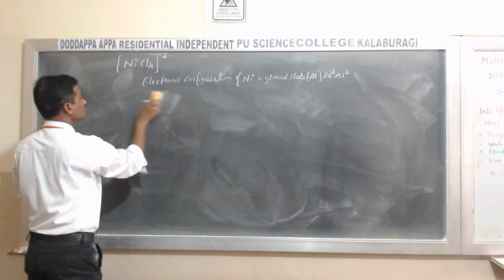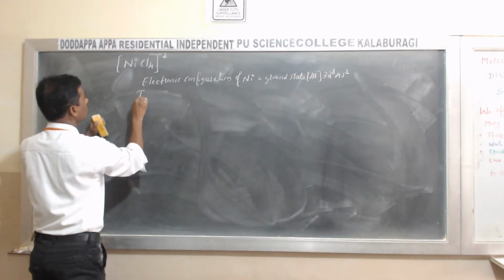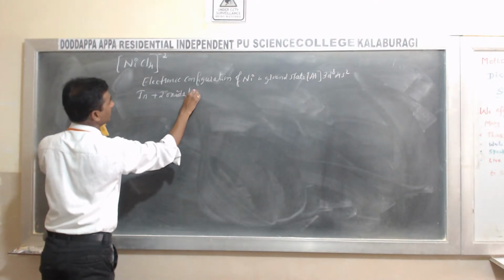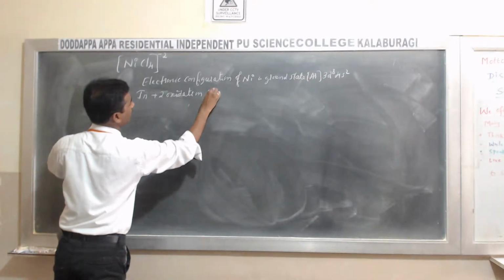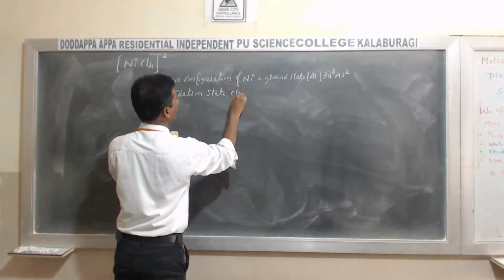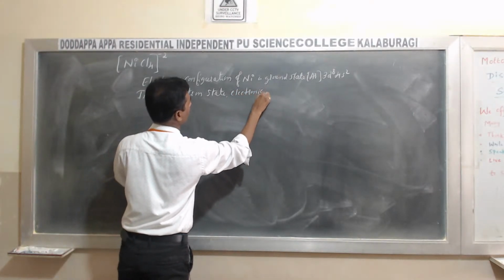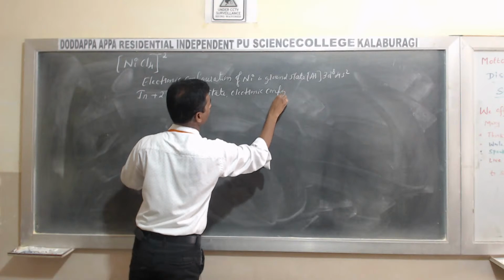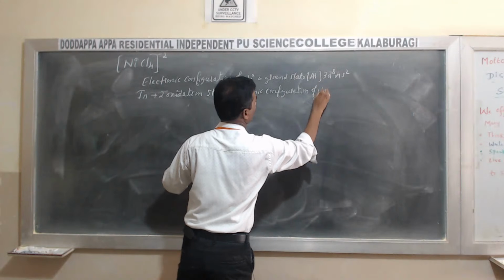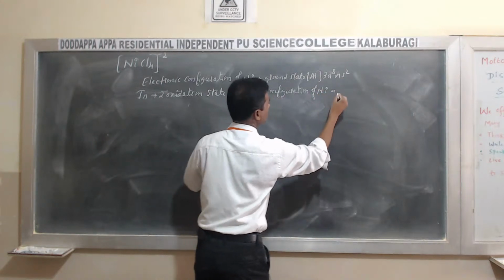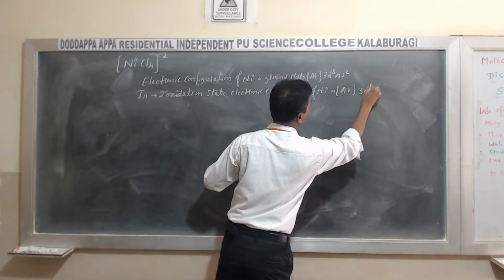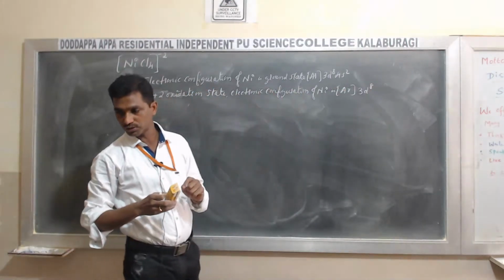So I can write, in +2 oxidation state, the electronic configuration of nickel is argon 3d8, not 4s2.